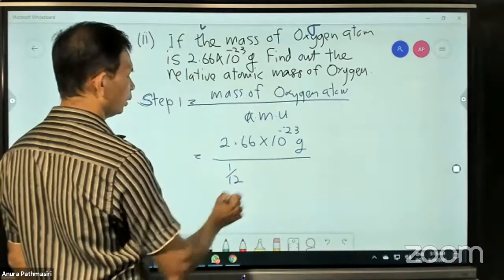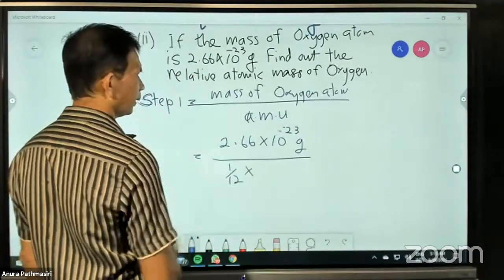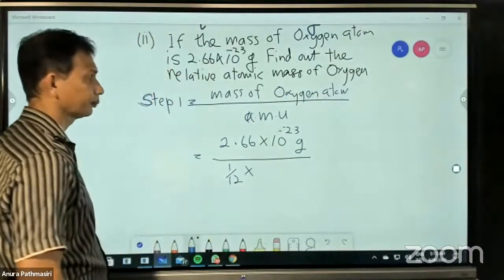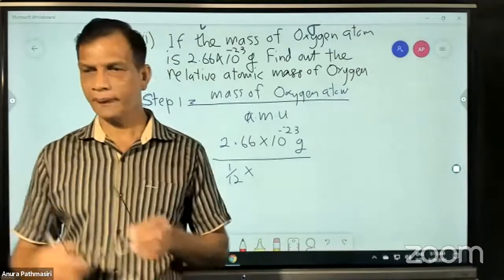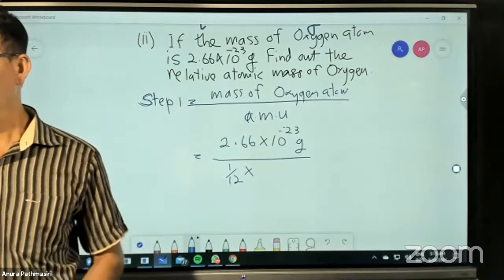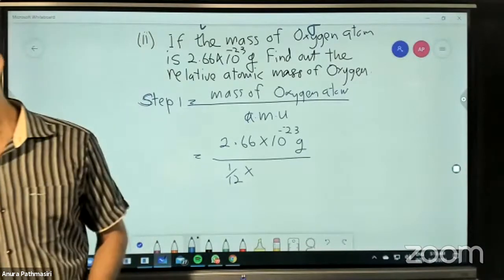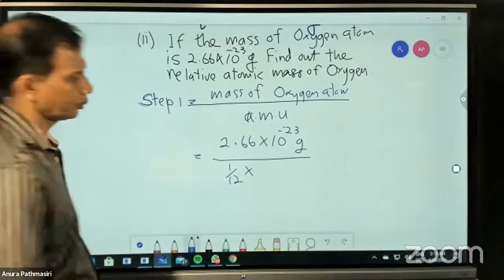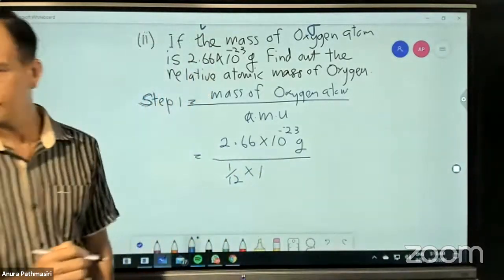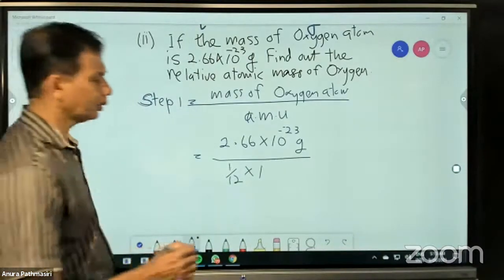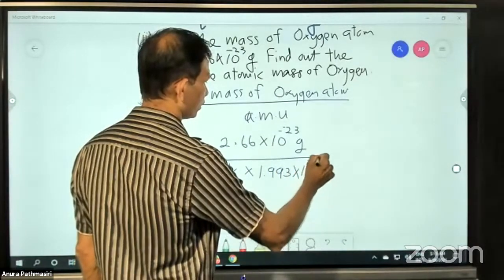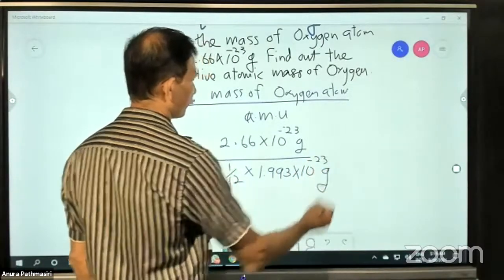That means 1 over 12 multiplied by the mass of C-12 isotope. And what is that one? What is the mass of C-12 isotope? 1.993 times 10 to the power negative 23 grams.